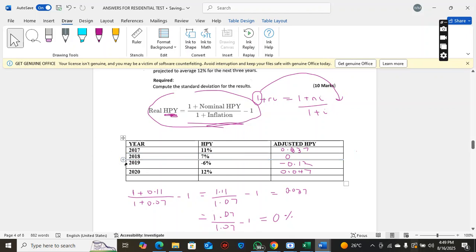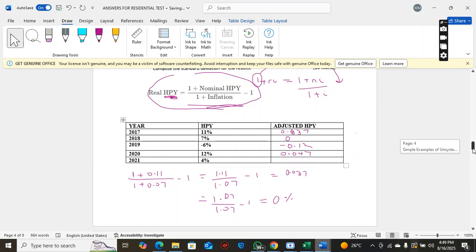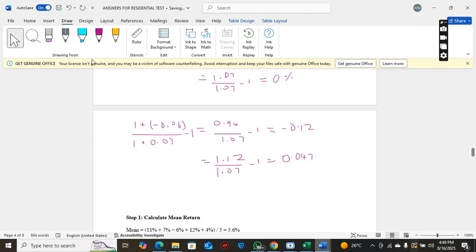2021, 4%. So 4%, we're going to say 1 plus 0.04, that's 1.04, divided by 1.07, minus 1.